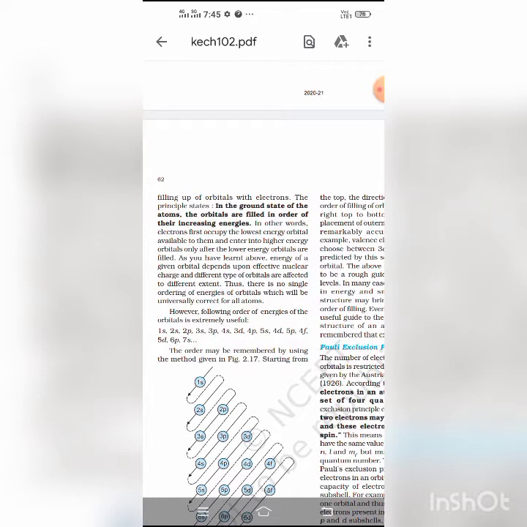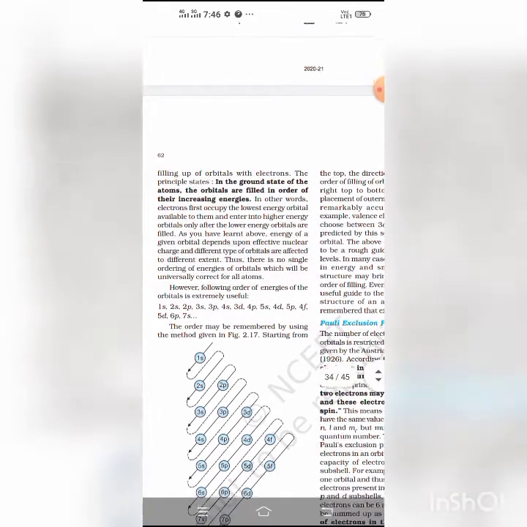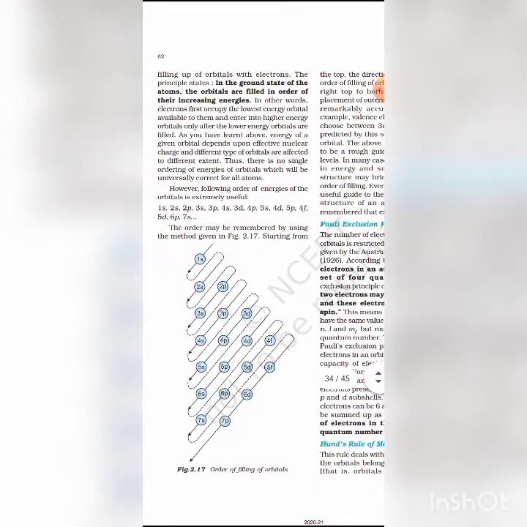Still, the order of the energies of the orbitals is extremely useful: 1s, 2s, 2p, 3s, 3p, 4s, 3d, 4p, 5s, 4d, 5p, 4f, 5d, 6p, 7s.